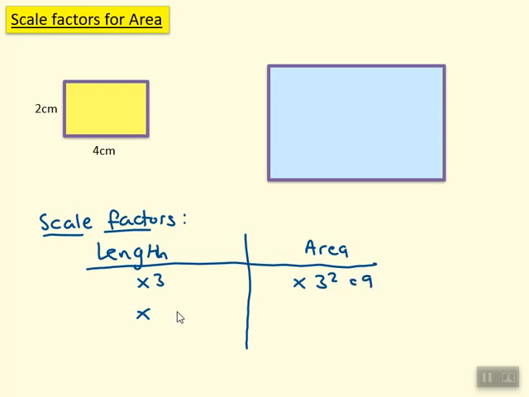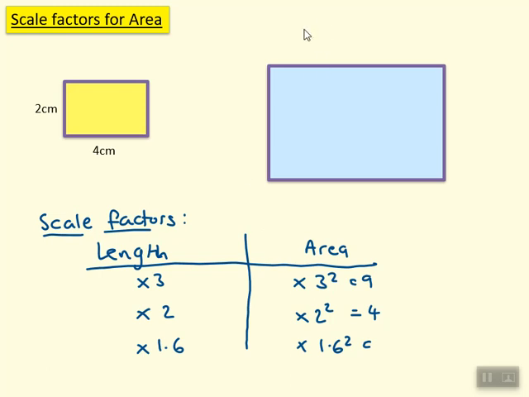If the lengths were doubled, then the area would be multiplied by 2 squared, which is 4. If the lengths were multiplied by something like 1.6, then the area is multiplied by 1.6 squared to get from the small one to the big one. So I hope that makes sense.